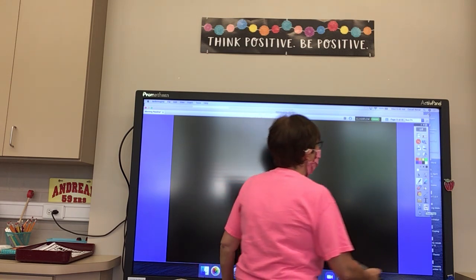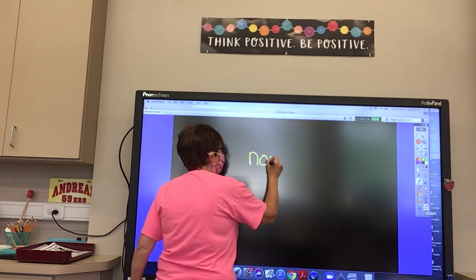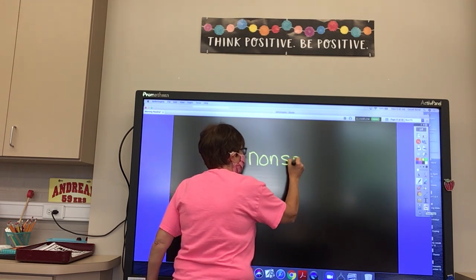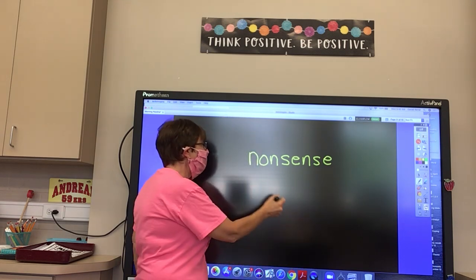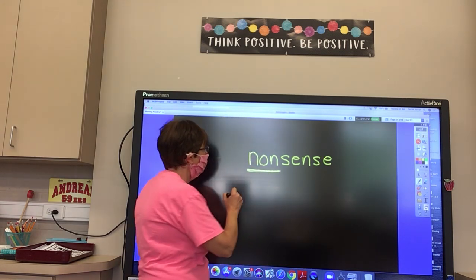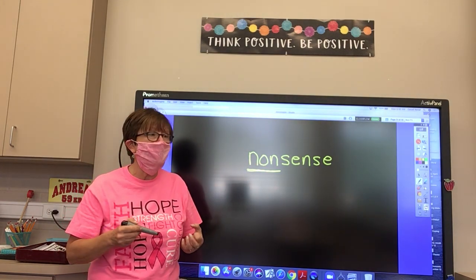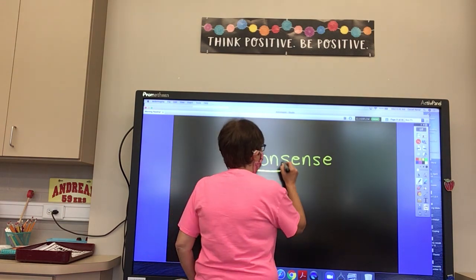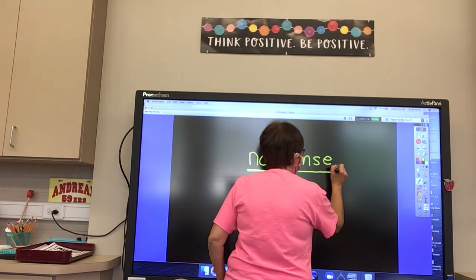So we have the word nonsense. Now this here is our prefix. Nonsense. So sense is our base word. This is the base of it, right here. That's our base word.